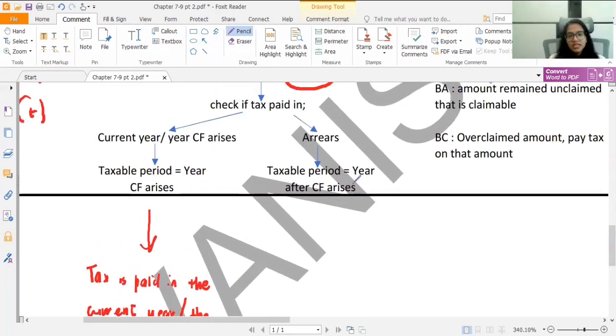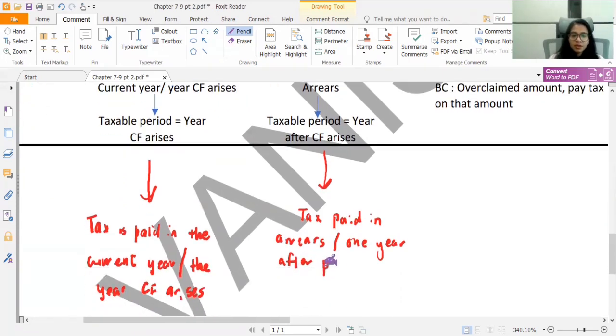Now, the next one, if tax is paid in arrears, he will use this term, tax paid in arrears or 1 year after profit arises. Right?